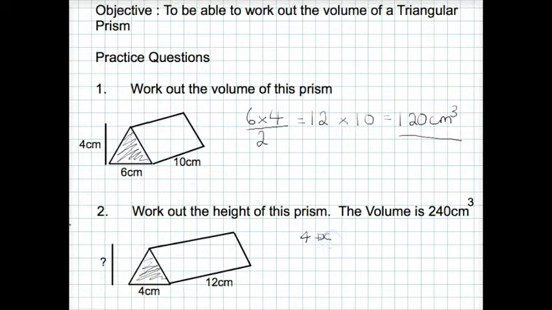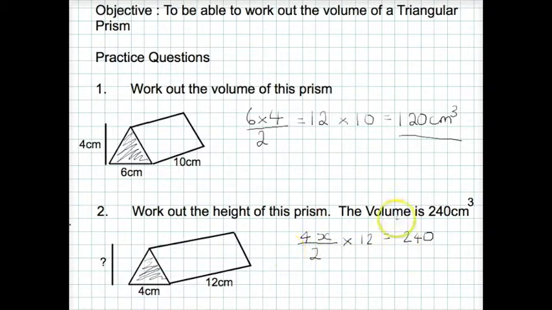We don't need to write the times in algebra. x is this missing value for the height, so 4 times the height divided by 2. But then we need to multiply this part, the cross section, by the length. So we need to times that by 12, and that's going to equal what we're told in the question is the volume, 240.